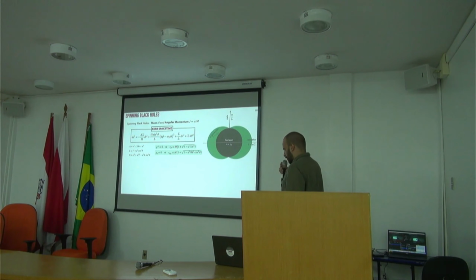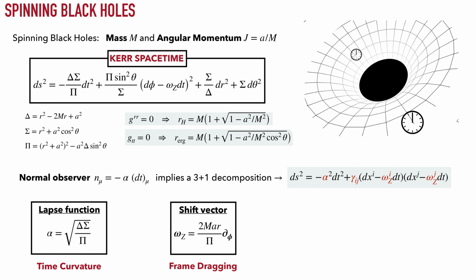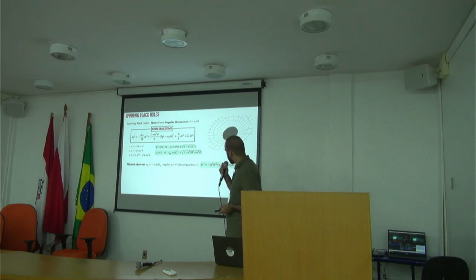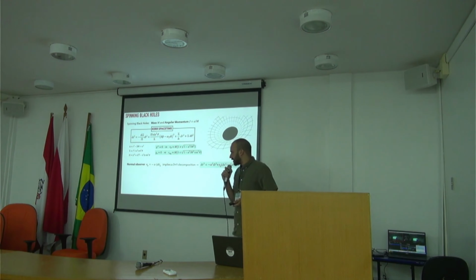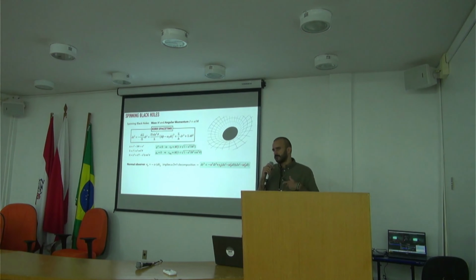So just to recap some important ideas, often in general relativity, it's important to adopt the perspective of certain convenient observers. One of these observers is typically called the normal observer, which is normal to constant time slices of the space-time.